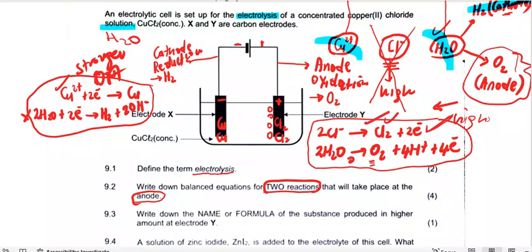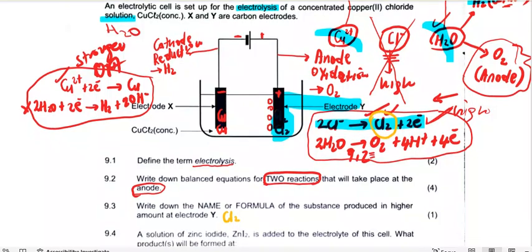This is our 9.2, and the reaction that took place is this one, because chlorine is highly reactive. Write down the name or formula of a substance that is produced at Y. The actual product that is produced is chlorine, not oxygen.